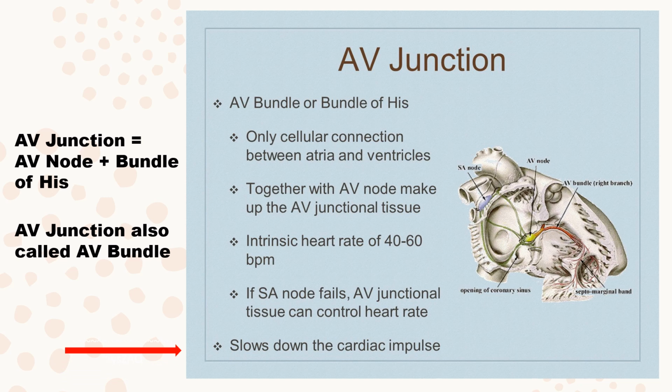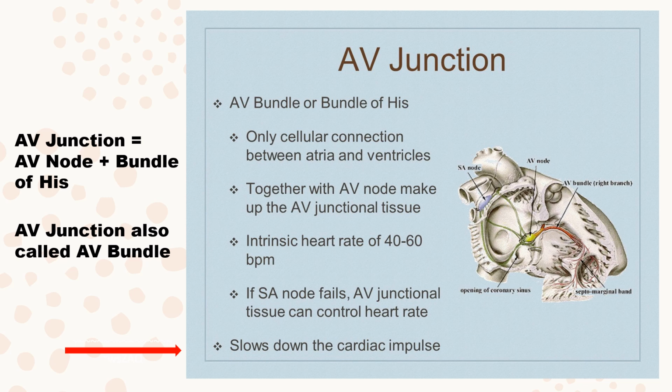The other really important function of the AV node and the bundle of His, or the AV junction, is that it actually slows down that cardiac impulse, that action potential coming from the SA node. It slows it down and holds it for a few tenths of a second in order for atrial contraction to occur.